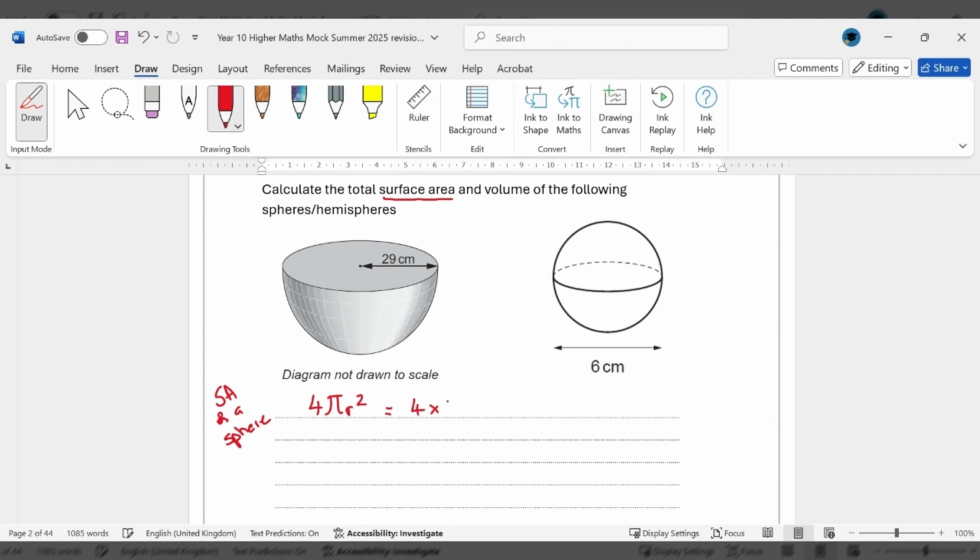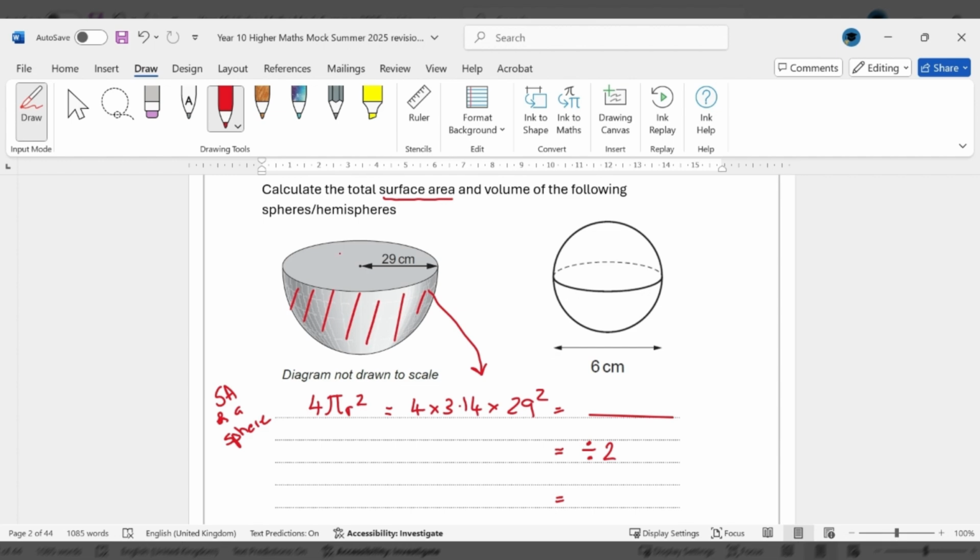So it would be 4 times pi times the radius squared. However, whatever that is, that's for a full sphere. I'm just doing this one here. But because it's a hemisphere, I need to divide that by 2. But then all I'll have is the area of the curvy bit of the hemisphere, right?